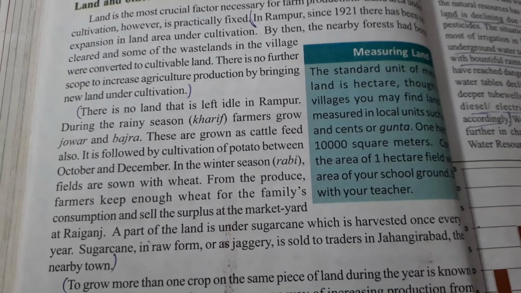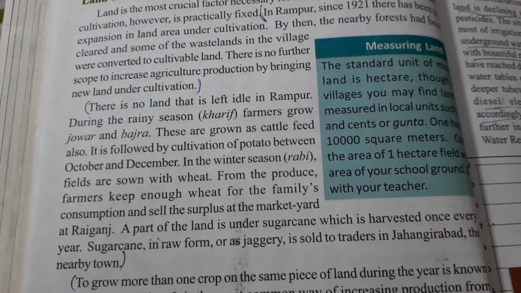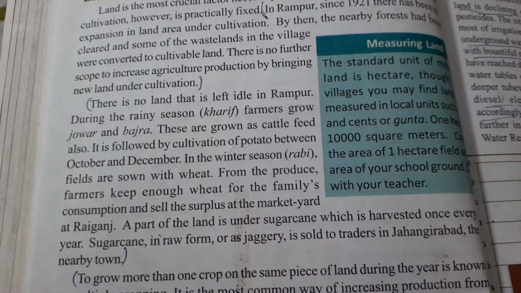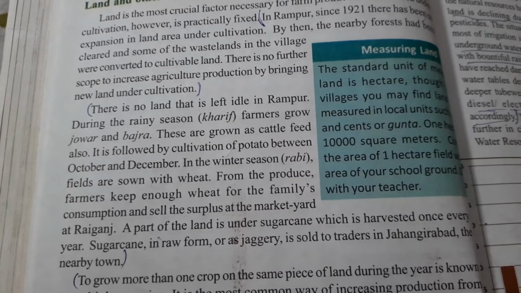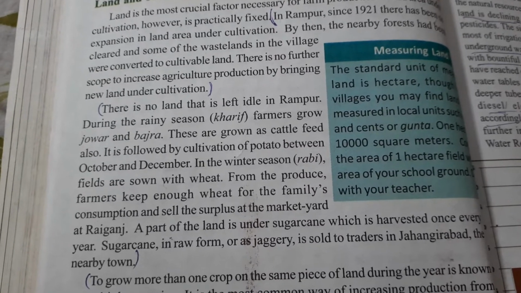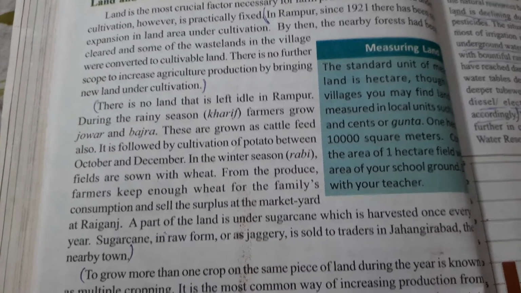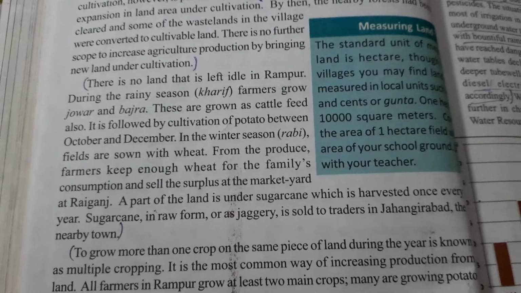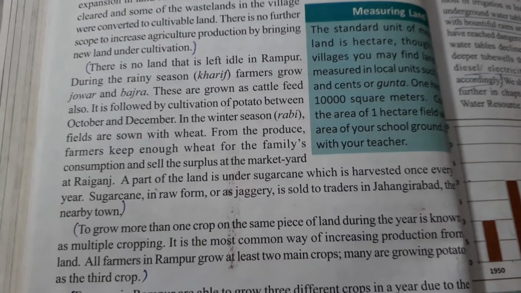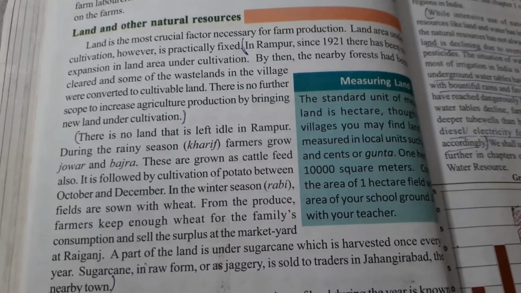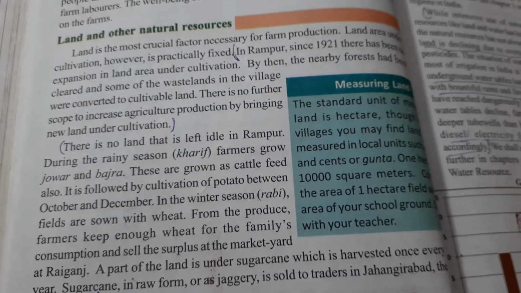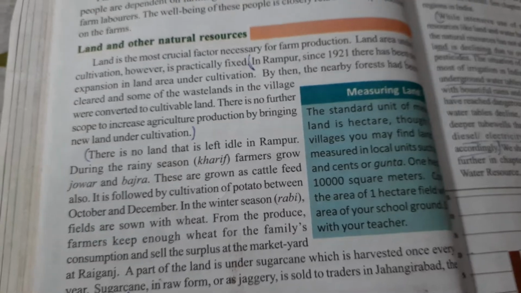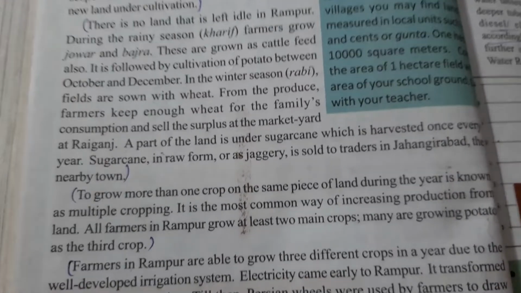In the rainy season they grow kharif crop, that is jowar and bajra. In the winter season they grow rabi crop, that is wheat, and in October and December potato and sugarcane are the main crops. So 3 or 4 crops are grown every year in 3 different seasons in Rampur.